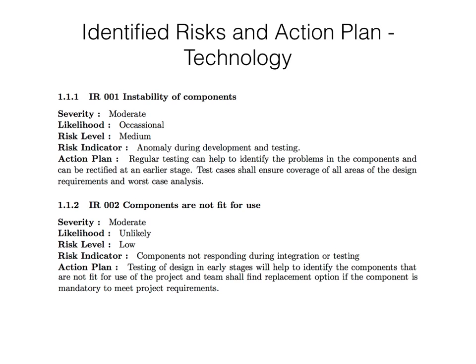So our action plan to avoid or minimize the risk from happening during an important phase of the project, that might be the demonstration, is to regularly test the component so that it can be rectified at an earlier stage. So the test cases must be robust enough and must cover all areas that might be related to the component.